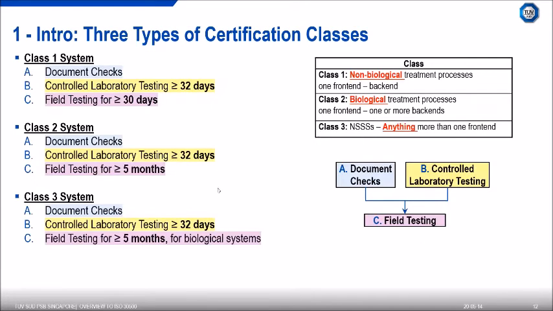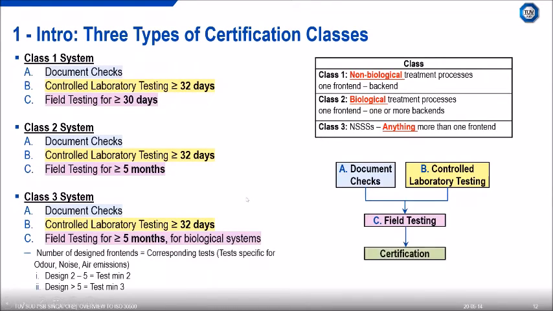And if you fall under class 3, you have multiple front ends, and if you are a biological system, then your field testing is a minimum of 5 months. However, for this class 3 system, the standard has outlined that if you have 2 to 5 front ends, you need to randomly select 2 for testing. And if you have more than 5 front ends, then you have to test at least 3 front ends.